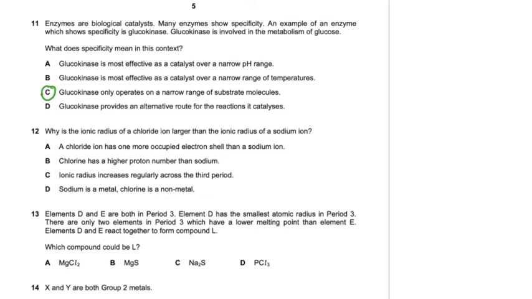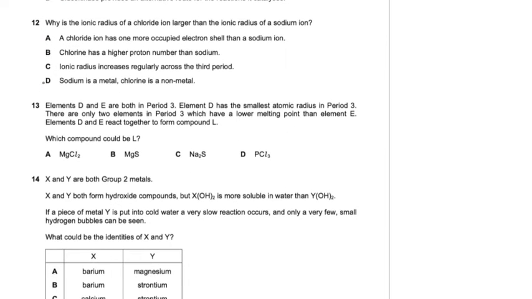Answer C. Why is the ionic radius of chloride ion larger than the ionic radius of sodium ion? Okay, sodium and chlorine. If you look at sodium and chlorine, both elements have three shells. But after losing the electron, sodium has now only two shells.